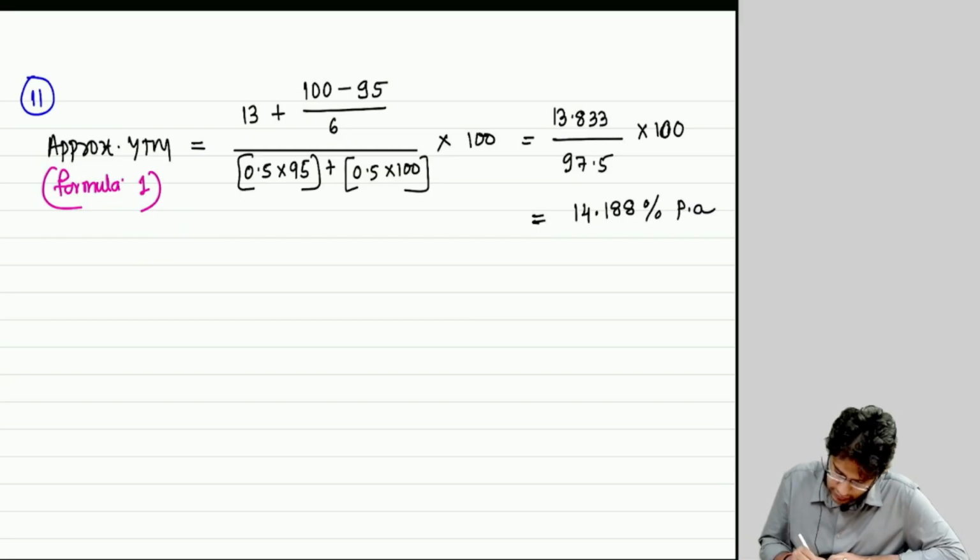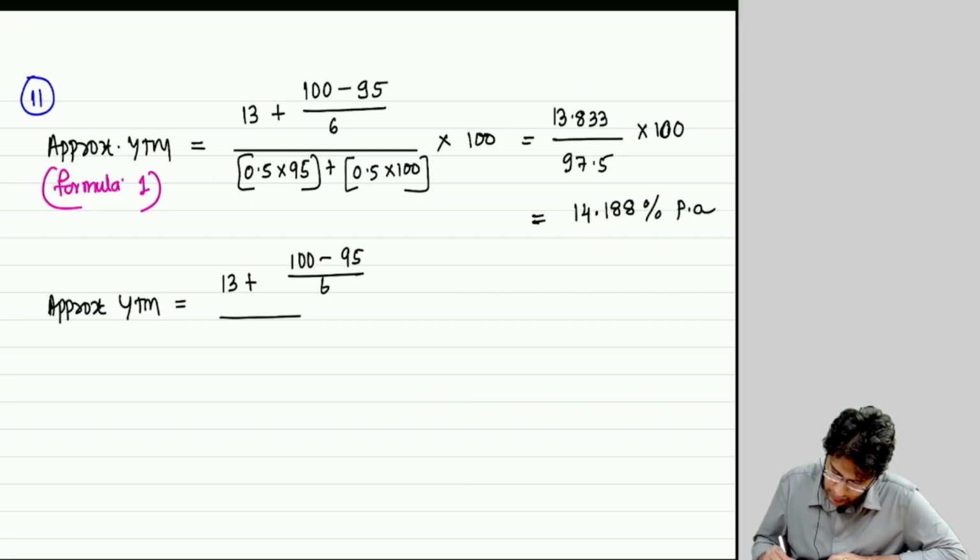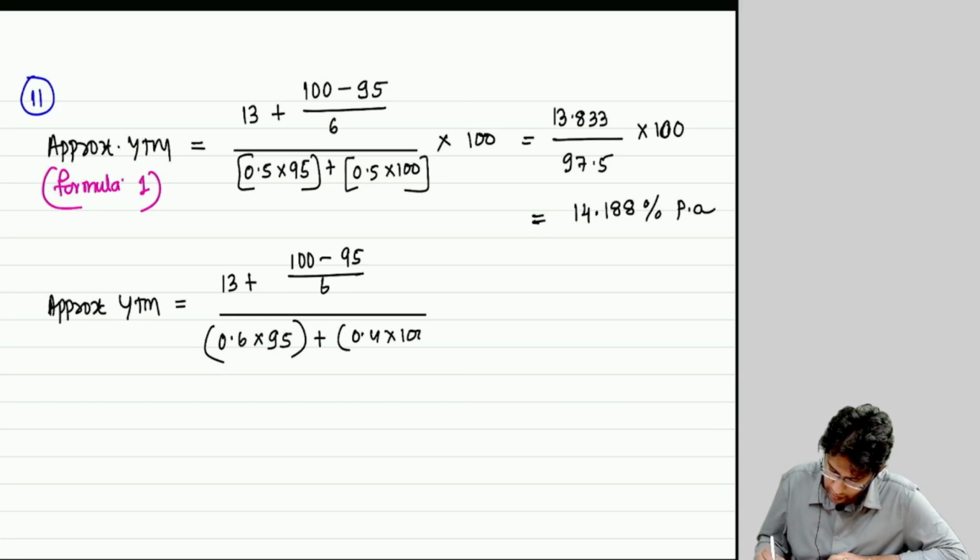Do the other version also. Thirteen plus 100 minus 95 by 6, divided by 0.6 into 95 plus 0.4 into 100, into 100.